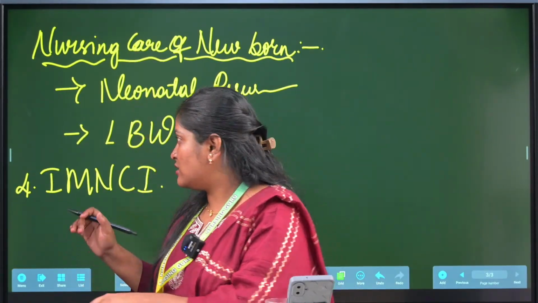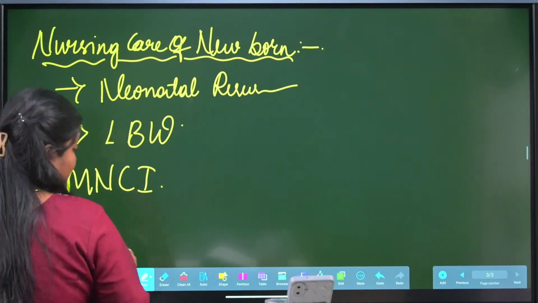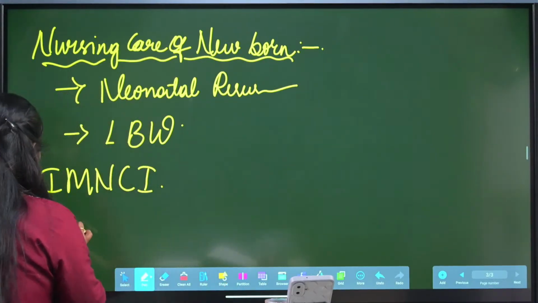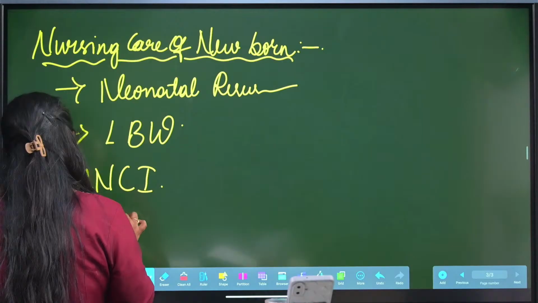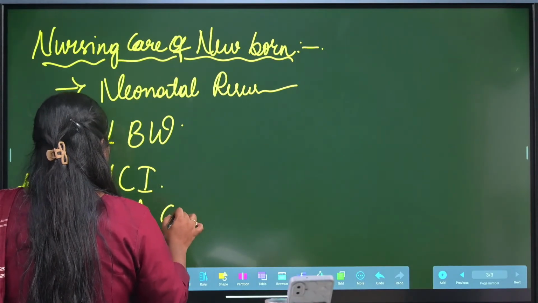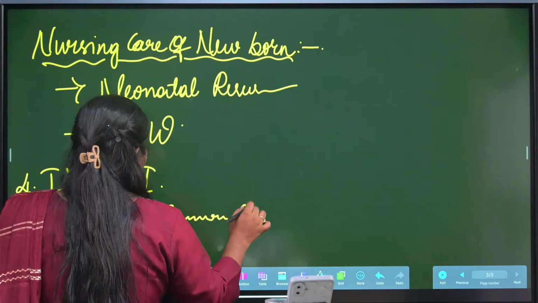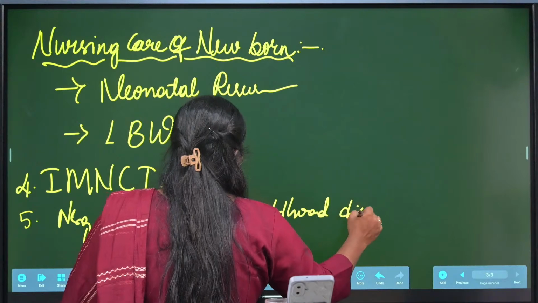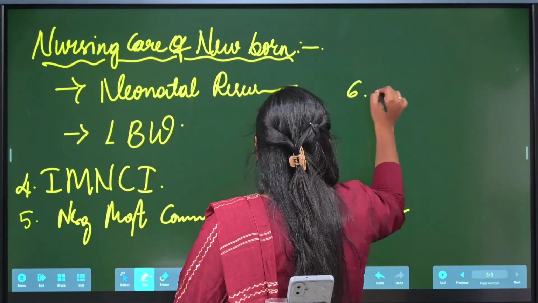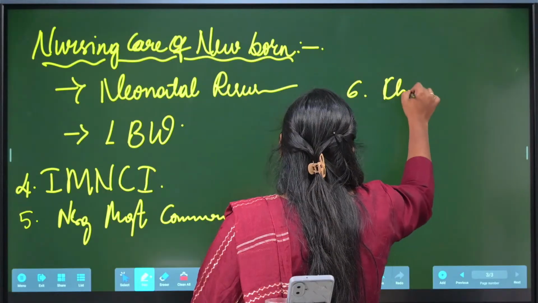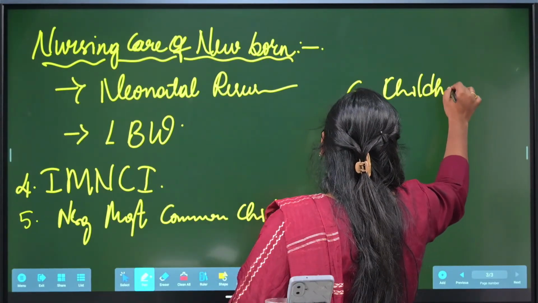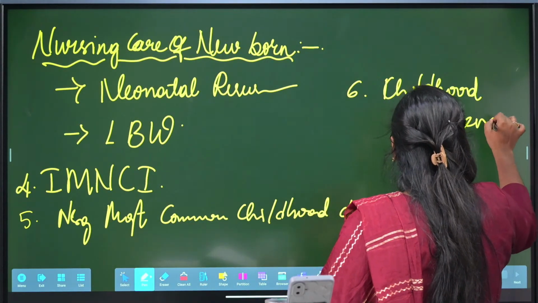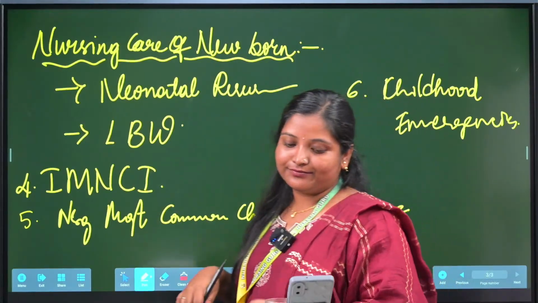The 6th unit is childhood emergencies, and the 5th is nursing management of common childhood diseases. This much only.